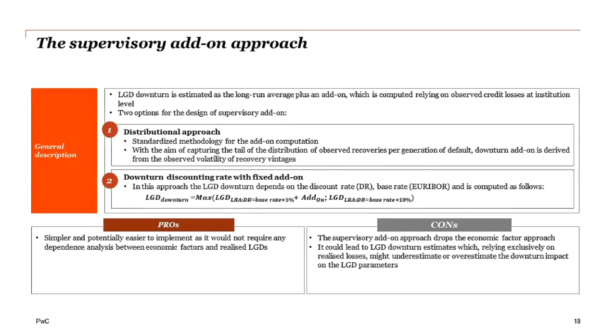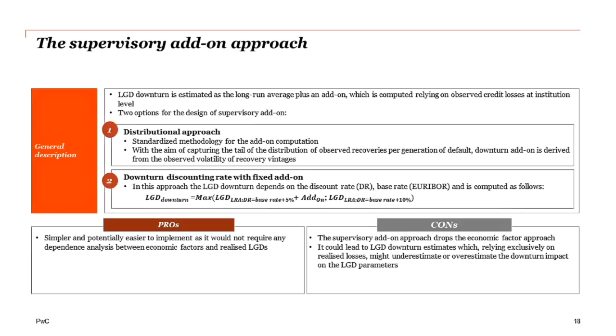LGD downturn based on supervisory add-on approach is estimated as long-run average plus an add-on, which is based on an analysis of observed credit losses. There are two options for the design of add-on. First one is distributional approach. It is standardized methodology with the aim of capturing the tail of the distribution of observed recoveries per generation of default, and downturn add-on is derived from the observed volatility of recovery vintages.